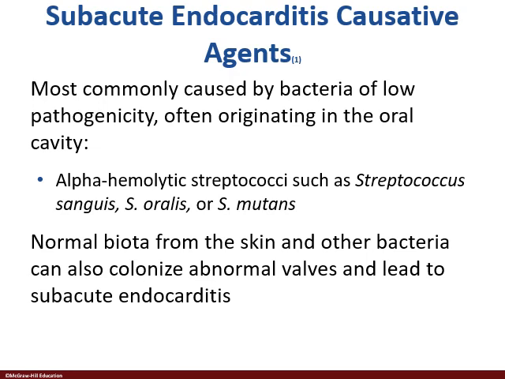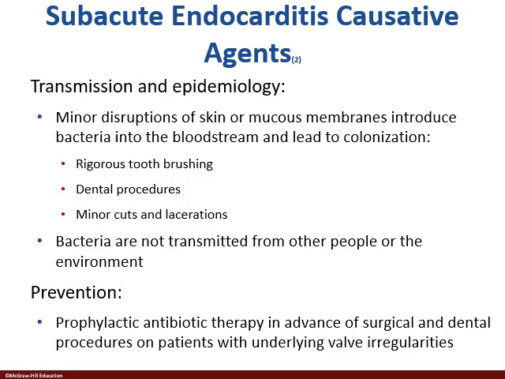Generally, though, when it comes to subacute, the agents here that we find are lower down on the virulence. These are less virulent, low pathogenicity. But for whatever reasons, they have been shown that once they do get in, the heart valve is where they do their most damage.